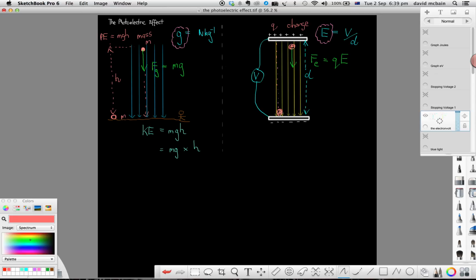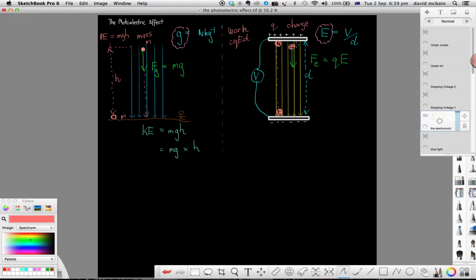Here, if we lift our charge, or lift in inverted commas, our charge from the negative plate up to the positive plate, the force we have to overcome is QE. And the distance we have to move it is not h, but it's d. And so the work we need to do to lift this charge from the bottom to the top will equal QE times d. So the work done to lift it to the top will equal QEd.